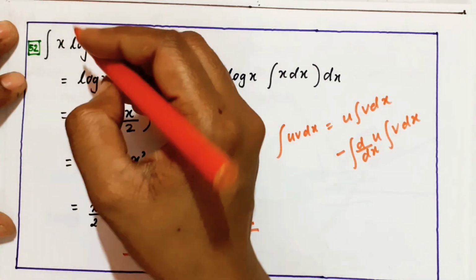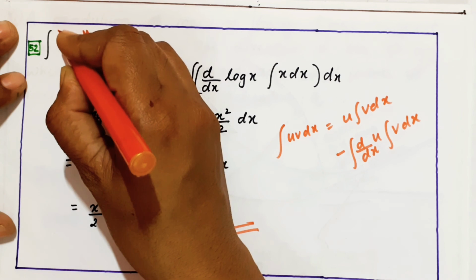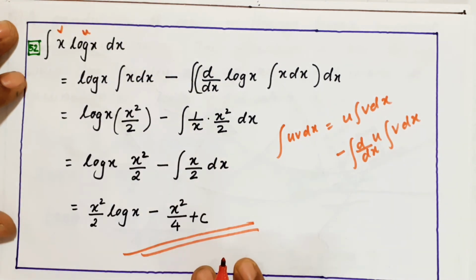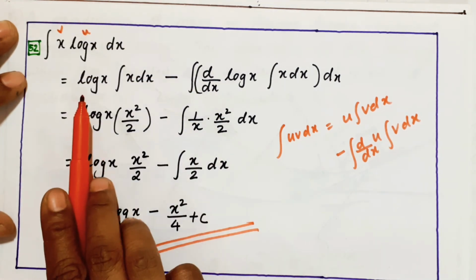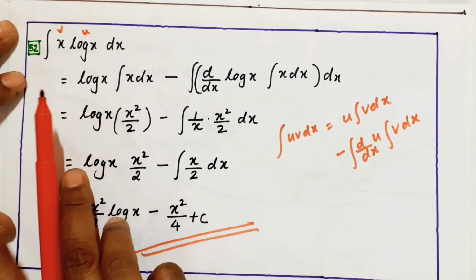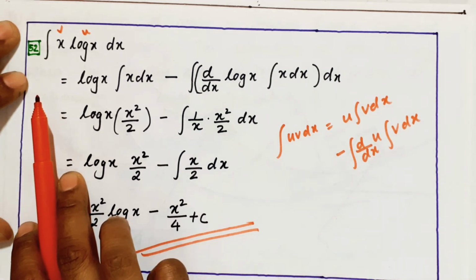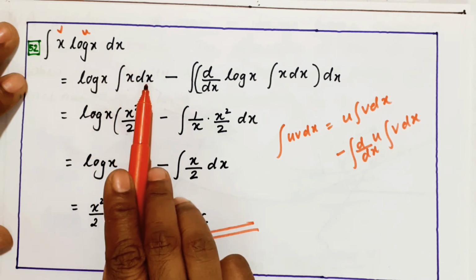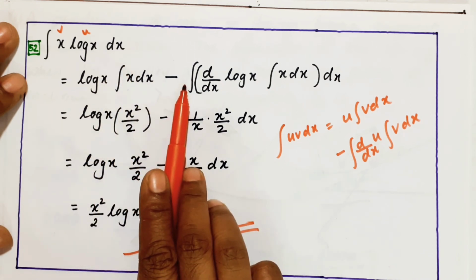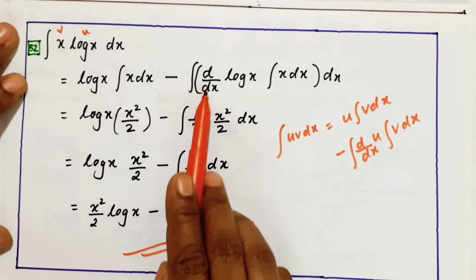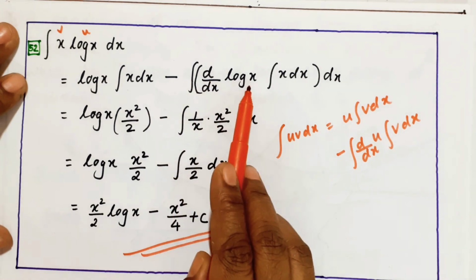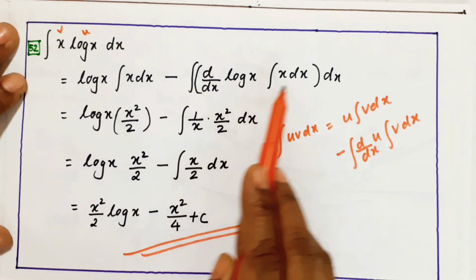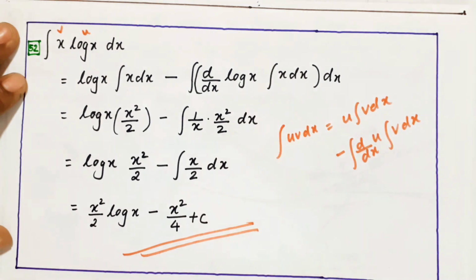So first term we are taking this as u and this is v. So I can take here as log x into integral of x dx minus integral of d by dx of log x into integral of x dx of dx.